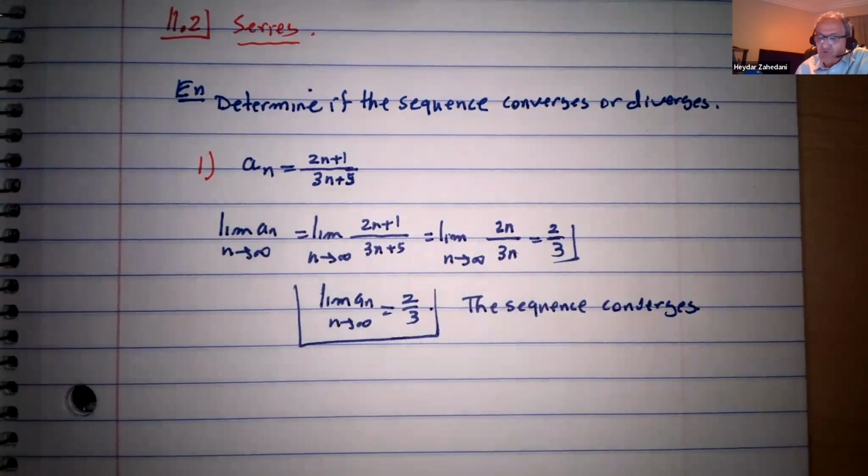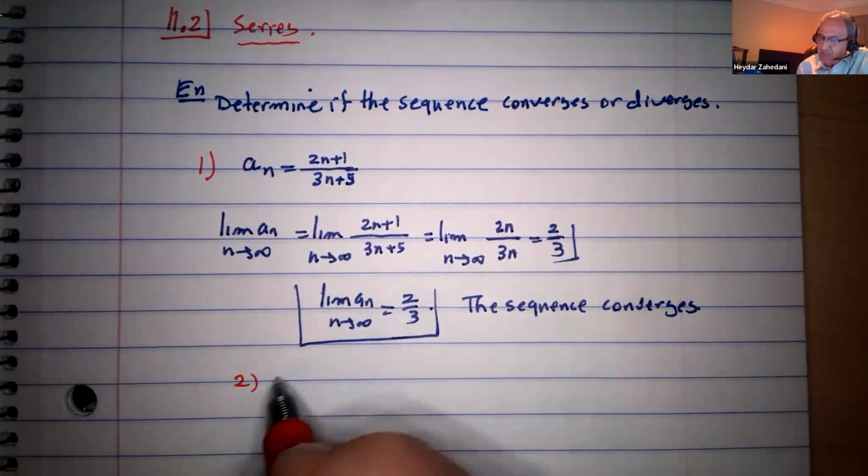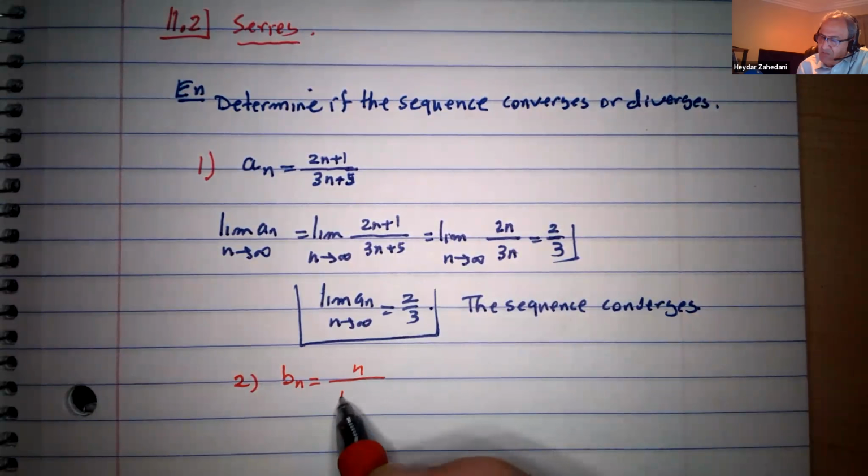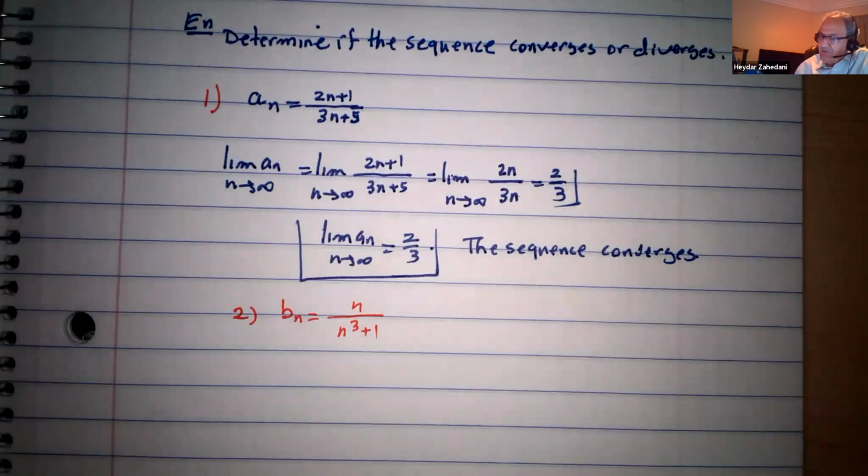You have various forms of these rational functions. You may have the case that the power of the bottom is higher, something like b_n equal to n over n cubed plus 1. When the power of the bottom is higher, this limit would be 0.